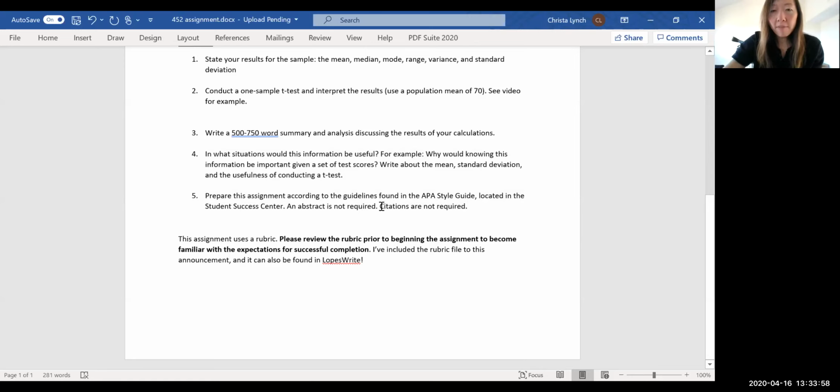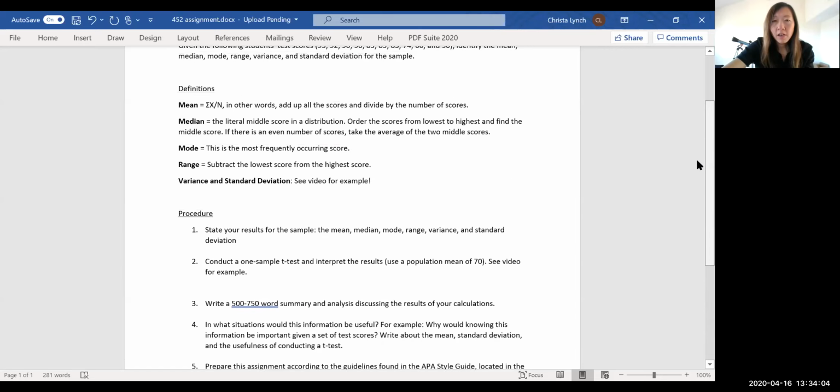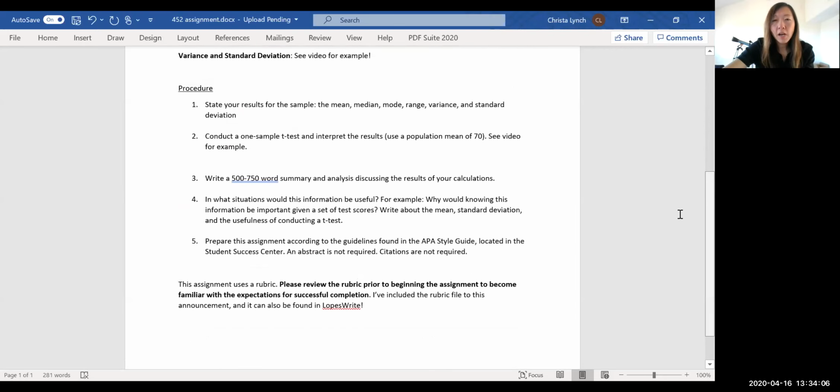If you have done that, or you would like a few extra credit points and you use a citation, at the very top of your document that you turn in, can you write "citation included," just so I don't forget to give you the points.